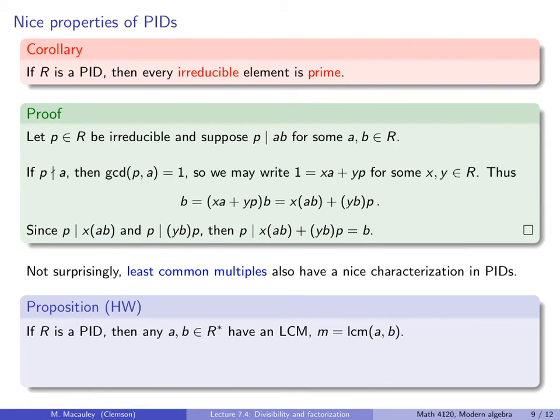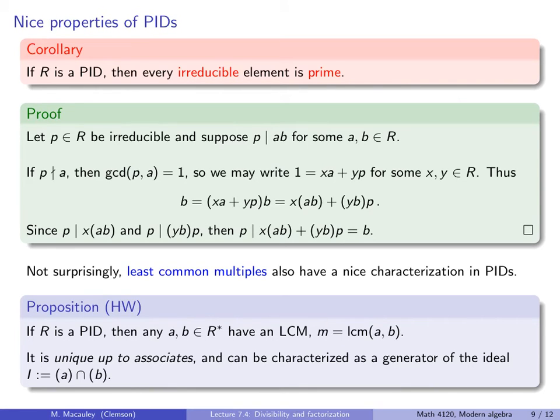If R is a PID, then any pair of non-zero elements have an LCM. Moreover, it is unique up to multiplication by associates, and it can be characterized explicitly as a generator of the ideal I, which is the intersection of the ideal generated by A and the ideal generated by B.